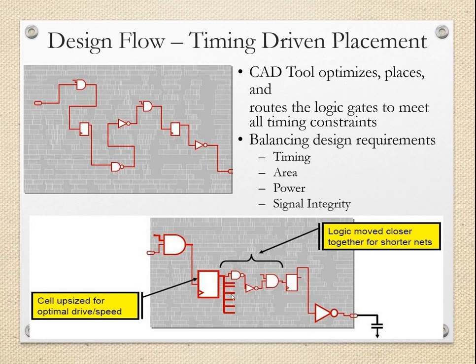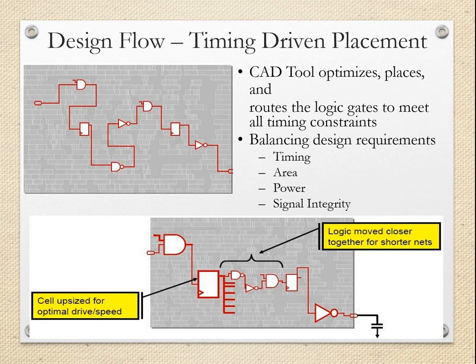Based on the fan-out requirement and fan-in requirement, again the design will be reshuffled. The logic is moved closer together for shorter nets. The path delays, the timing delays and all are also considered. To minimize the path delay, the design can be moved closer so that the net length will be short and the delay can be minimized. So the placement is timing driven also.